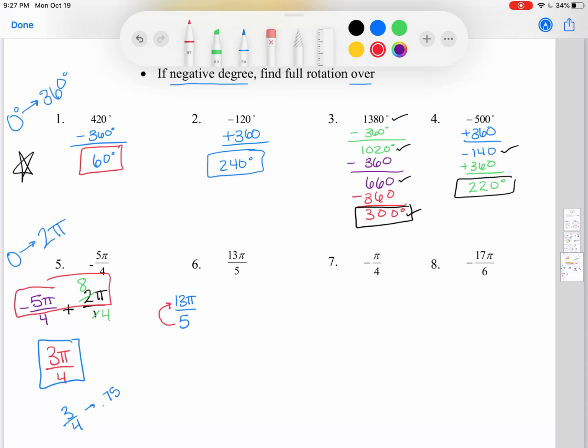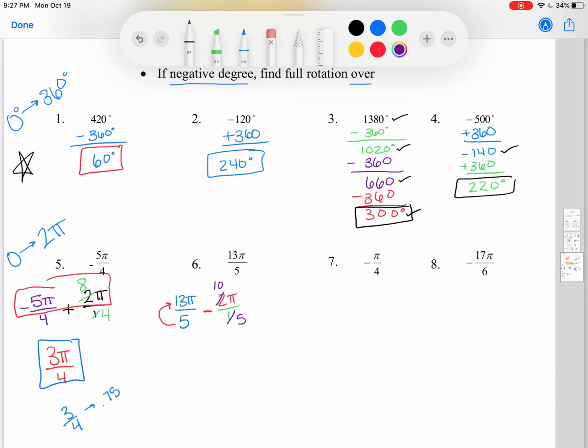Let's try question 6. 13 pi over 5. Well, if you think about that, if you took your denominator and plugged that in and you actually divided 13 by 5, you know that 5 can go into 13 more than 2 times, a little bit more than 2 times. All right, so the fact that that can go in more than 2 times, you know that you can completely take out a full rotation.